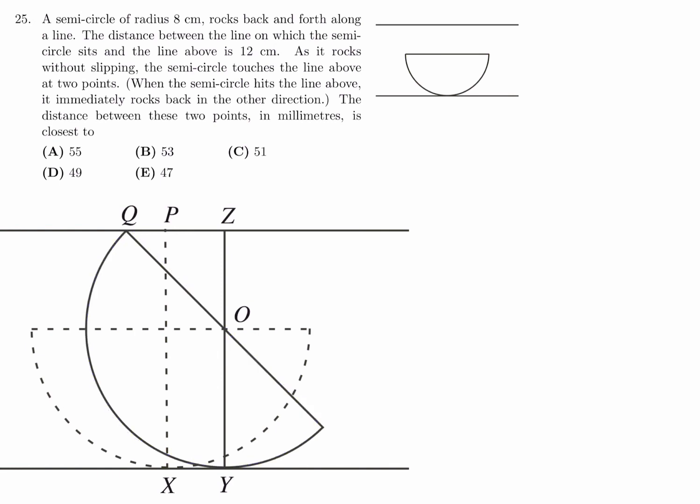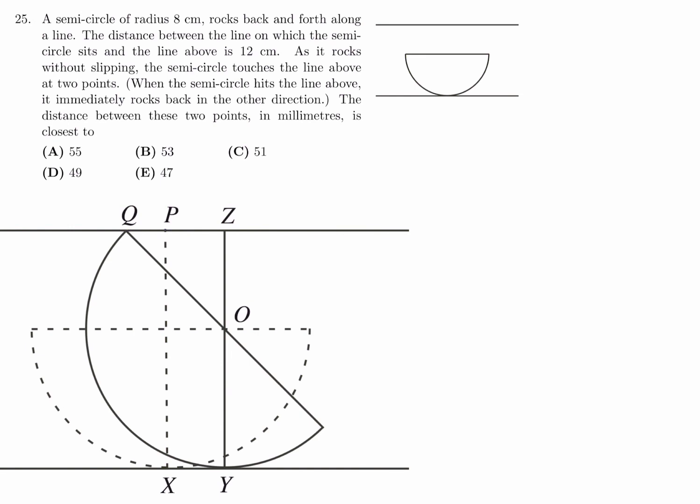And when that happens, it hits the line above at point Q. And because of the symmetry of this diagram, when it rocks back in the other direction, it will probably hit around here. But we don't need to be concerned about that yet. We just need to figure out this distance from Q to P, and then double it, and we will get the answer to this question.